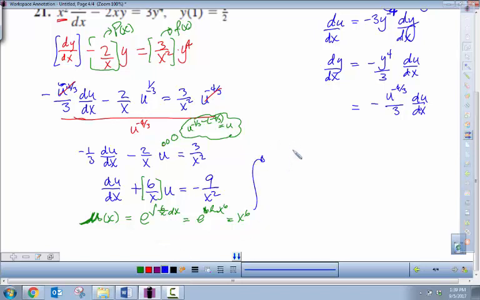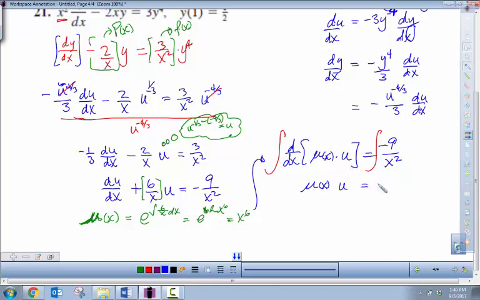So this is d dx of mu of x times u. So we need to integrate the right-hand side. The integral of both sides would give us mu of x times u.